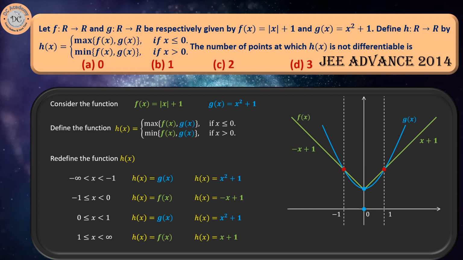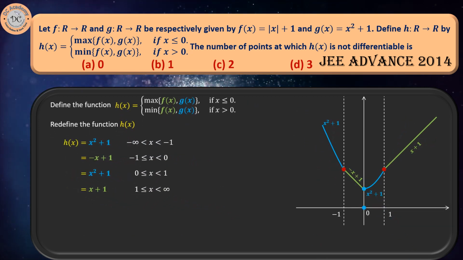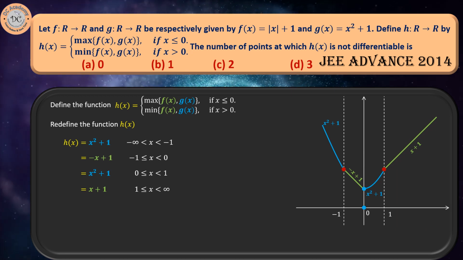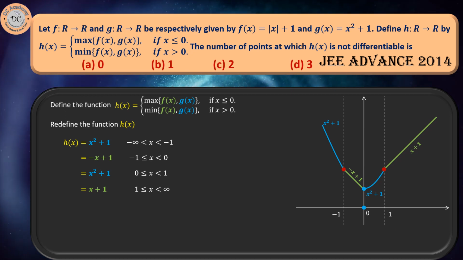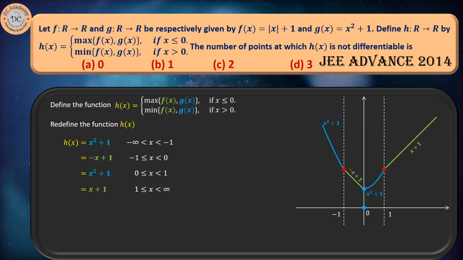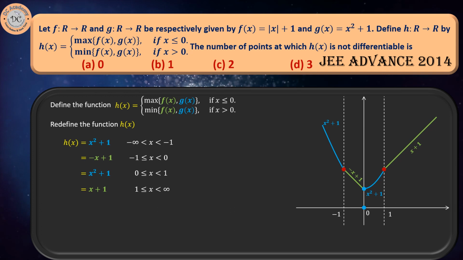So now let's collect all that information. We need to find out at how many points the function h(x) is not differentiable. Notice that by the plot, it is a continuous function, no doubt about it. But does the derivative exist here?